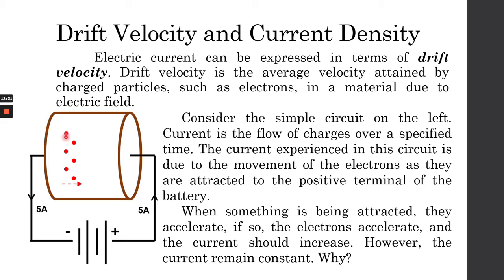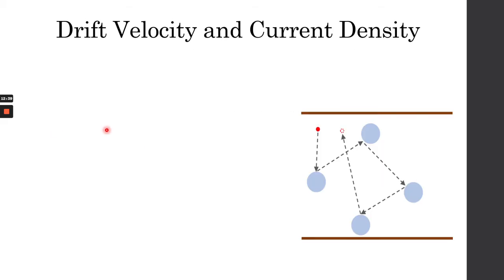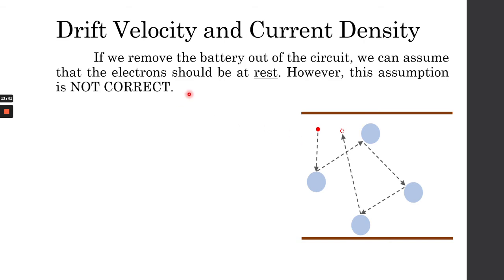But in reality, they are actually not at rest, meaning they are actually moving. To point it simply, the electrons are not at rest in this scenario. The assumption that if we remove the battery, the electrons would stop moving is actually false.